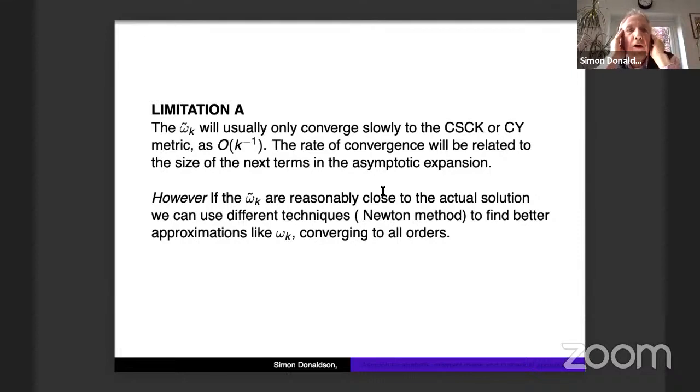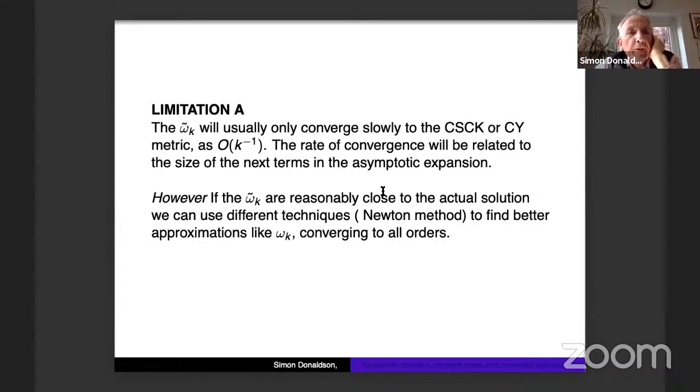So, on the face of it, if we just do what we've said, this will not give us very efficient approximations to our metrics. If we want, let's say this space of sections has dimension of order k to the n.